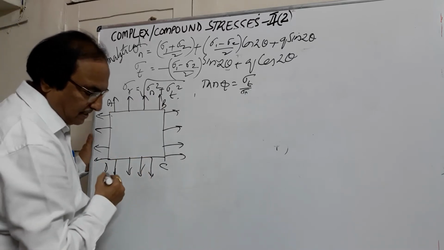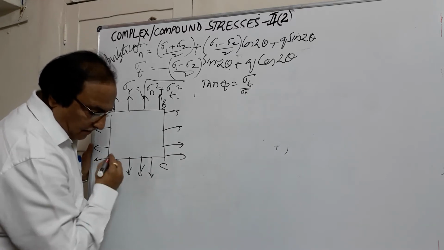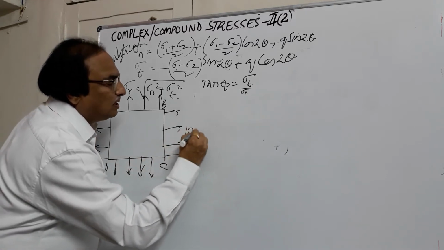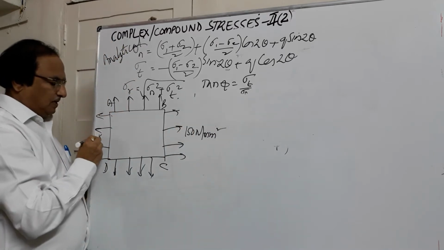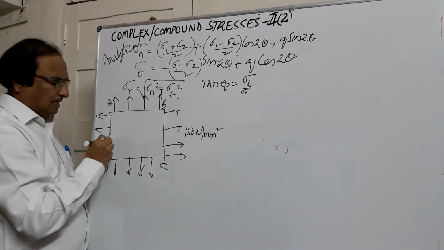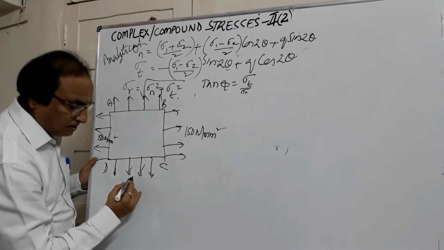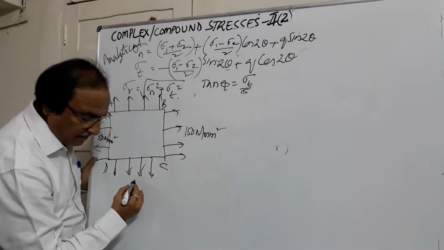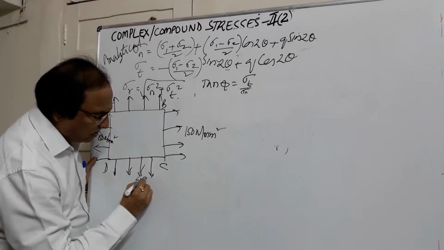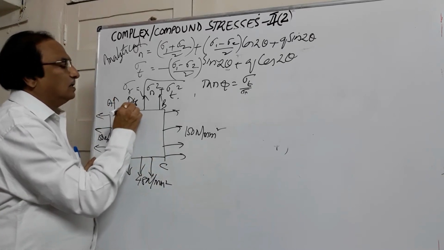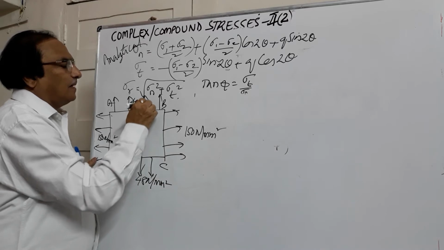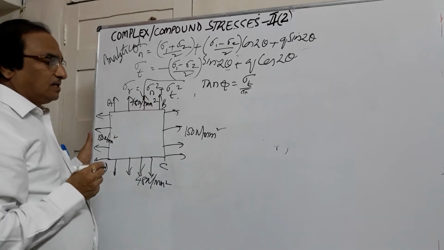The stress acting in the x direction is 150 Newton per mm square, and in the y direction let the stress acting be 48 Newton per mm square. These are the biaxial stresses.